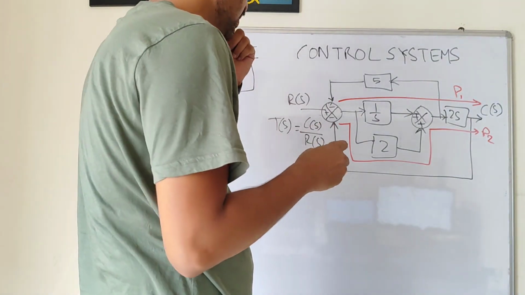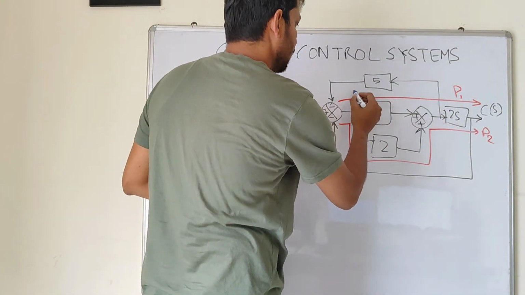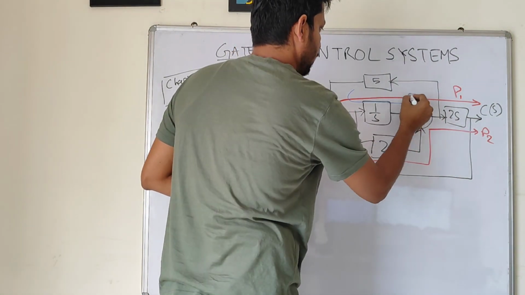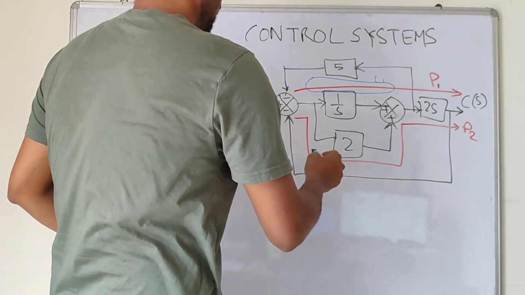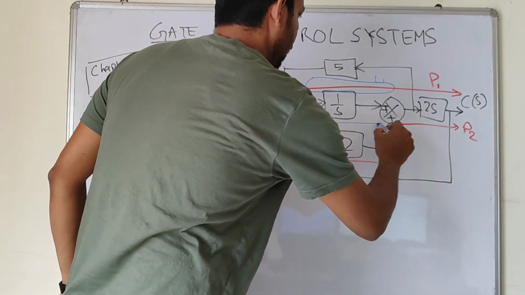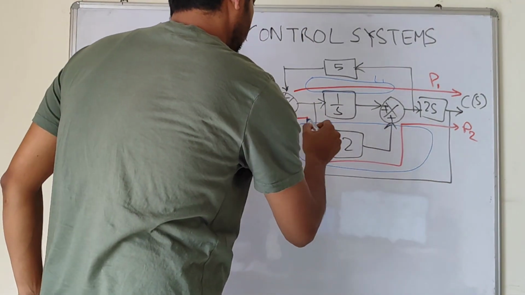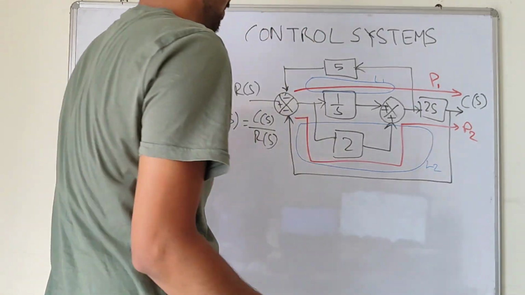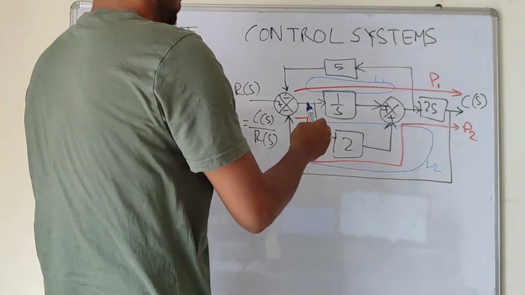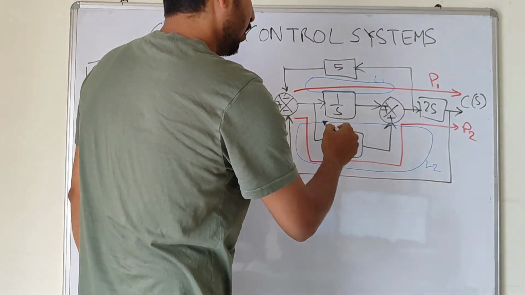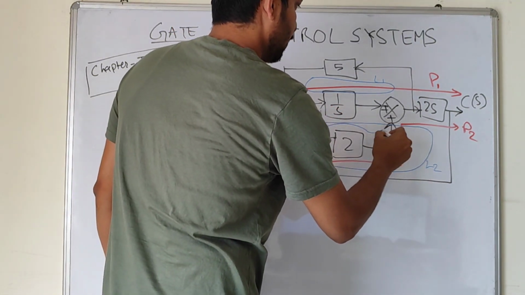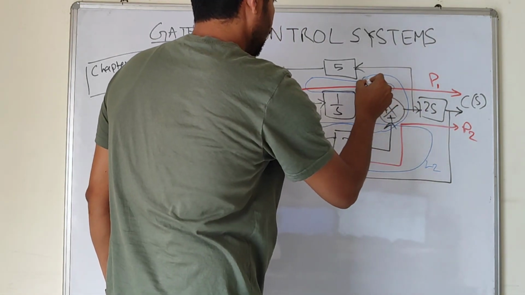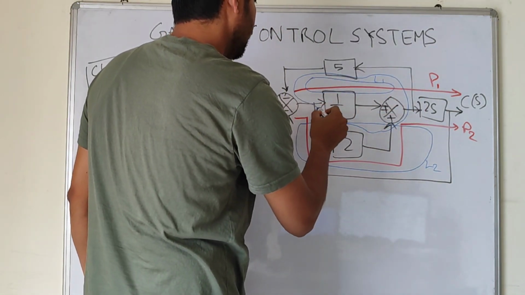What are the loops here? Okay. So the first loop is this one, L1. Second loop is this one, L2. Okay. Where else is another loop? Yeah. So here is one loop going through this path and then returning here.